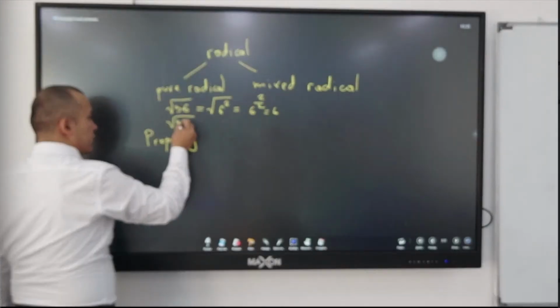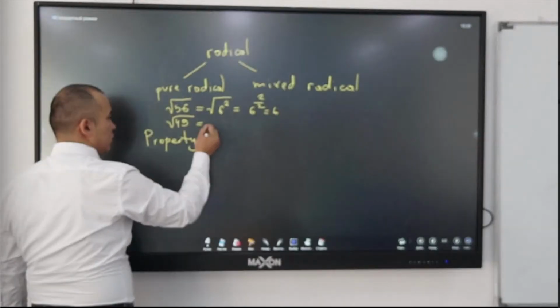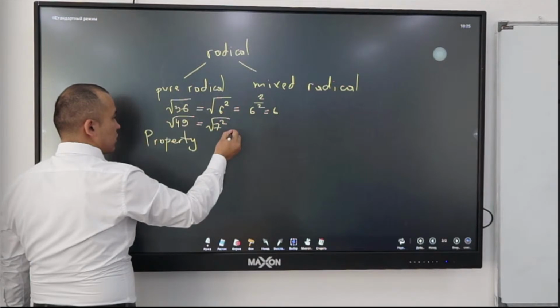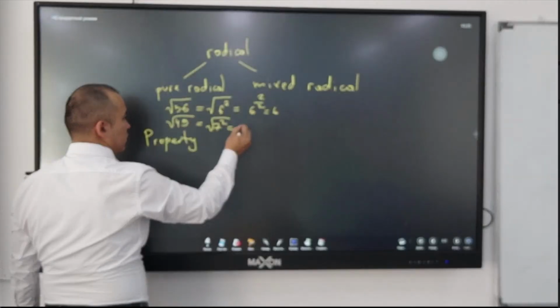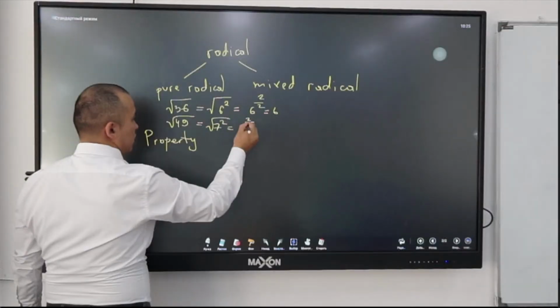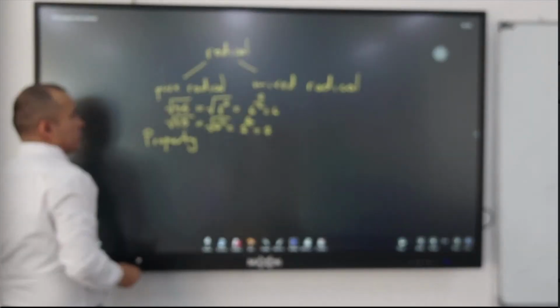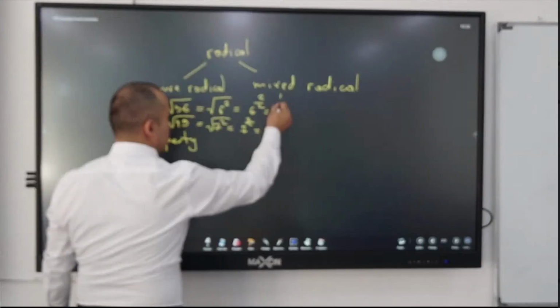Another example, root 49 we can write like 7 squared. Exponent 2 over 2 will be 7. Okay, this is pure radical.